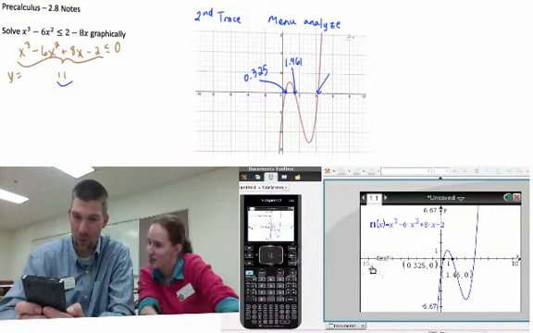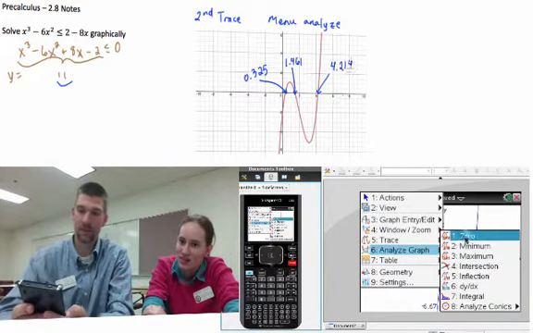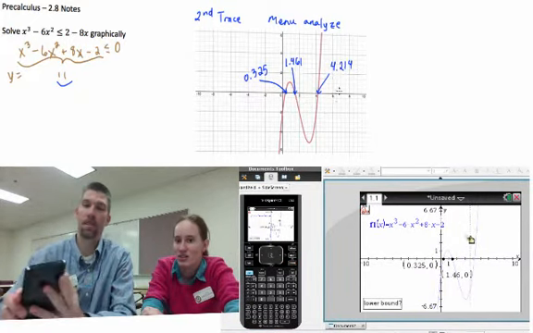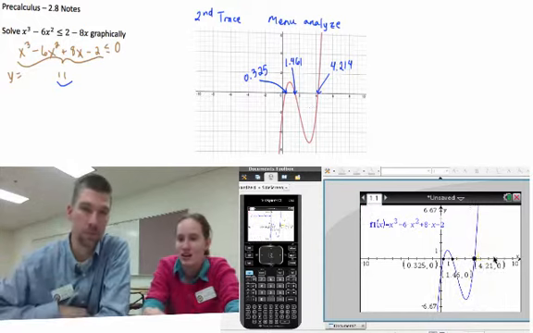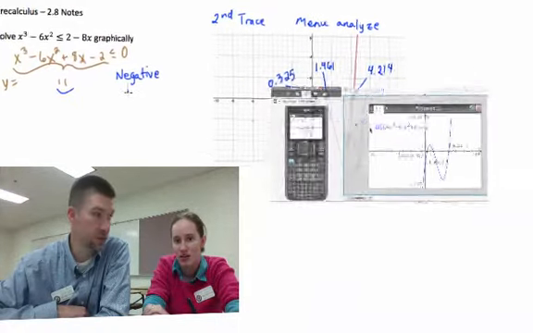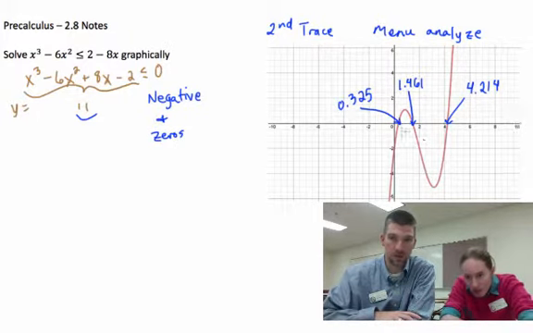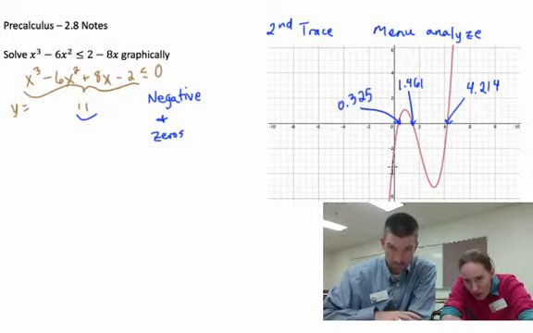Finally, 4.214. Yuck. Okay, those are our 3 zeros here. And then we want less than or equal to 0 here. So we want the negative values and the 0 values. So we can actually include the zeros for the first time on this set of notes. So it's below the x-axis.